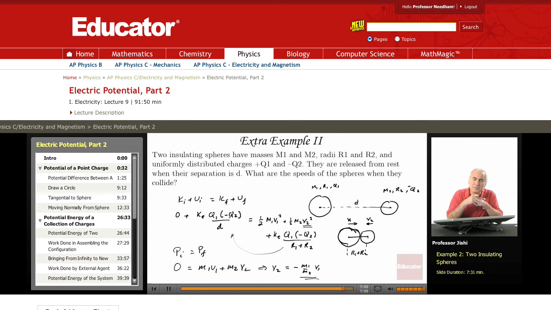So from here on, the problem is just simple algebra. Everything is known except, as we said, v1 and v2: K, q1, q2, d, r1, r2, everything is known. And since v2 is minus m1 over m2 times v1, the only unknown becomes v1 squared, which we can easily solve.